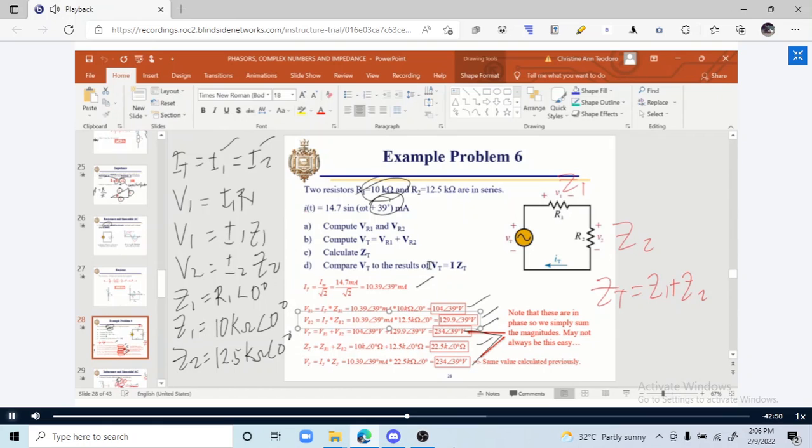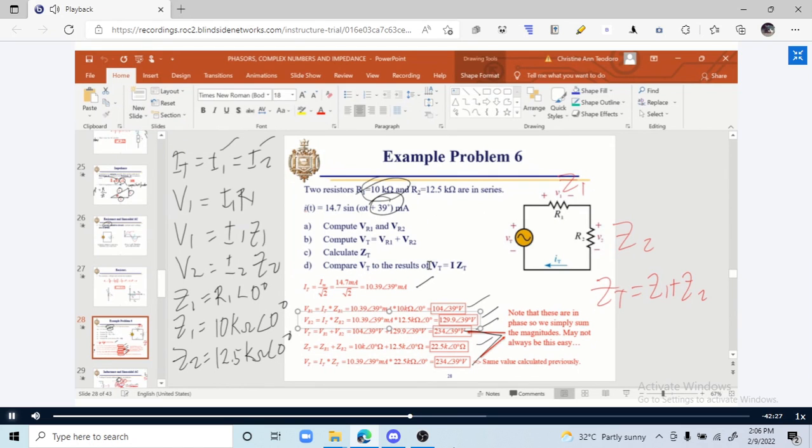Since we already have the I total, we can now compute for VR1 and VR2. How can we get the voltage in R1 and the voltage in R2? We use the AC Ohm's law, correct? Because in a full series circuit, our current is constant.